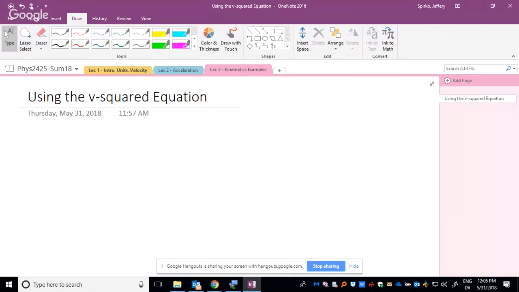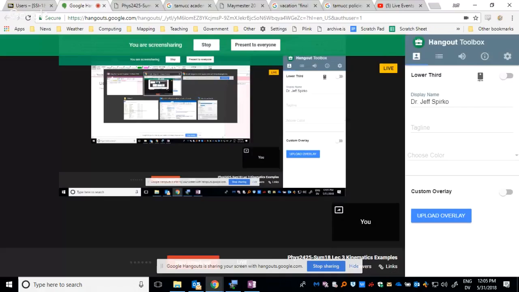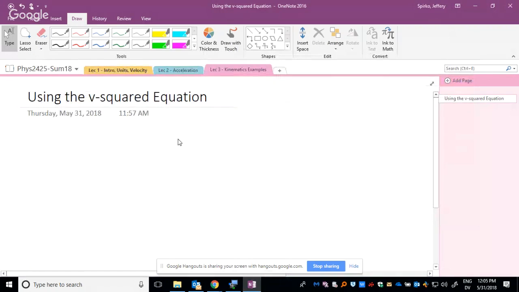And hey, there we are. Something weird is happening. It's not getting mouse clicks. Let's stop sharing the screen and see if it gets mouse clicks.